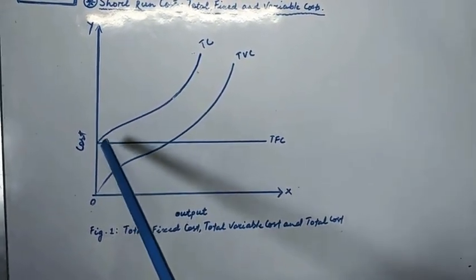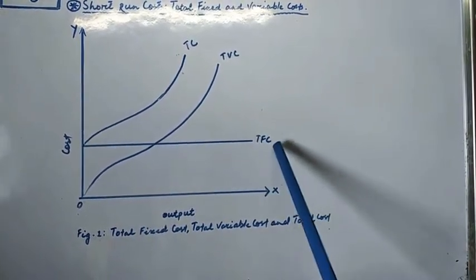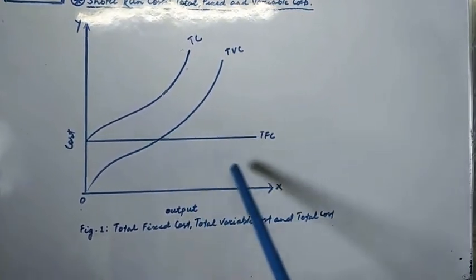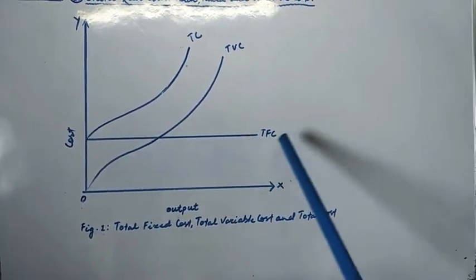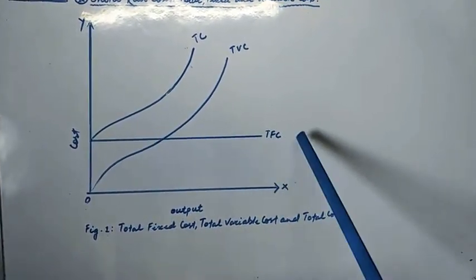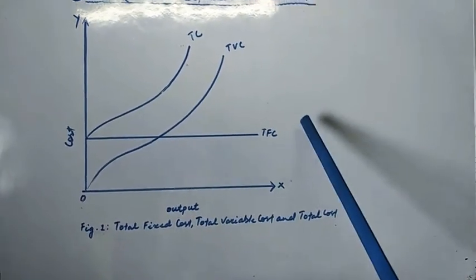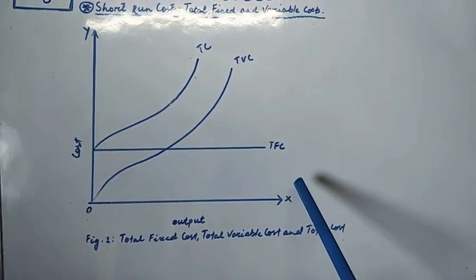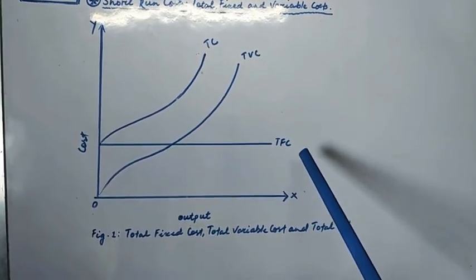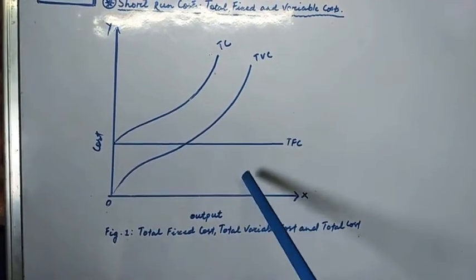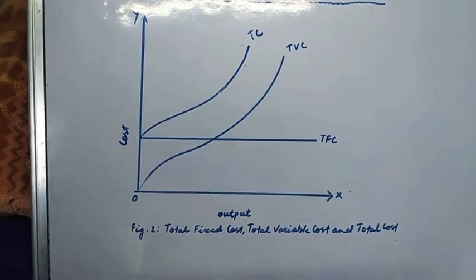That is why this total fixed cost curve is a straight line, horizontal or parallel to the x-axis. It is parallel to the x-axis because of the constant total fixed cost regardless of the changes in output. So that is total fixed cost.